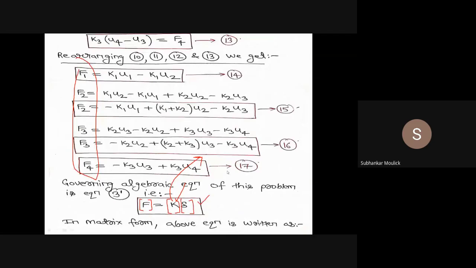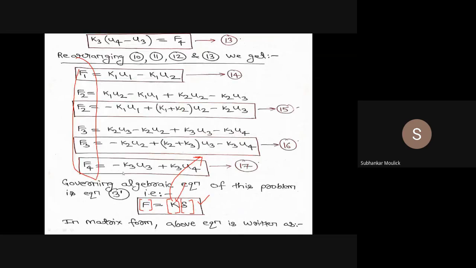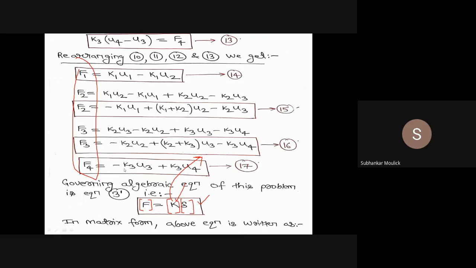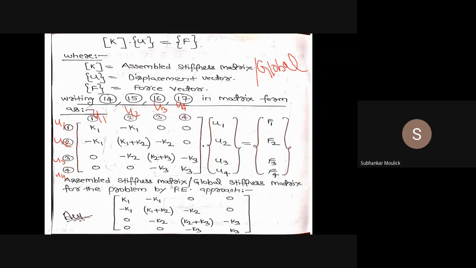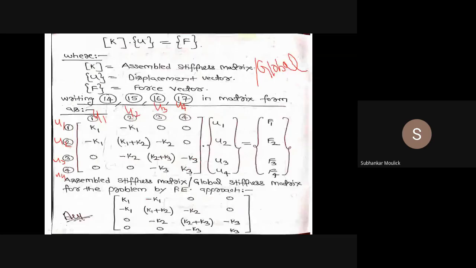Similarly, the fourth row represents the equation of F4. F4 is minus K3 U3 plus K3 U4. There is no U1, no U2 present, so the coefficients will be 0, 0. The coefficient of U3 is minus K3, and the coefficient of U4 is K3.